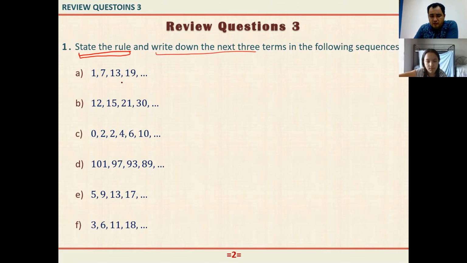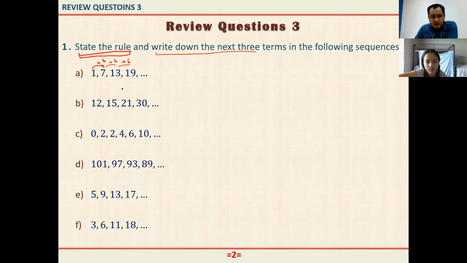When you are stating the rule, first we have to mention what number the sequence starts with, and after that, how we are producing the next or successive terms. Let me do this for the first one for you, and after that, you'll do the others in a similar way. If you notice here, to get the next term, we are just adding 6. If I add 6 again, we get the next term. If I add 6, we get the next term.